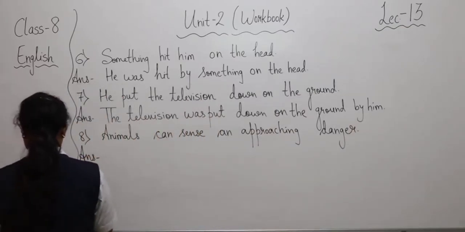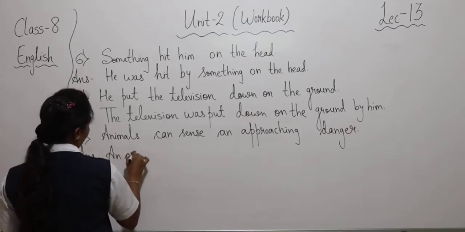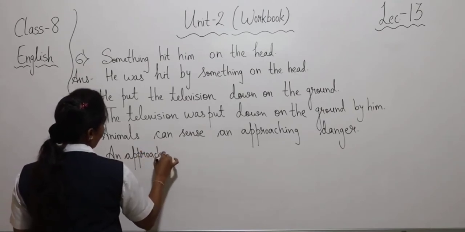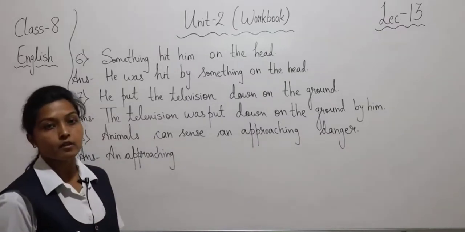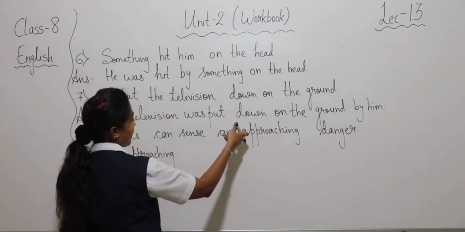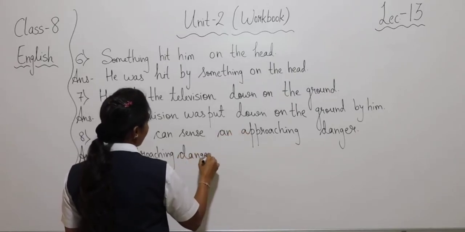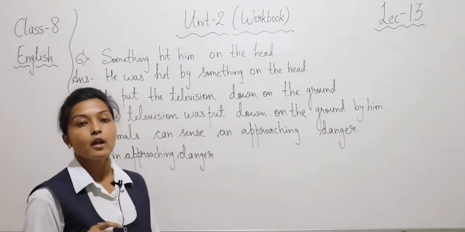Answer. First of all, what comes? Subject, that is the object of which voice? Active voice. And it is clearly given in the sentence that we have to change into which voice?